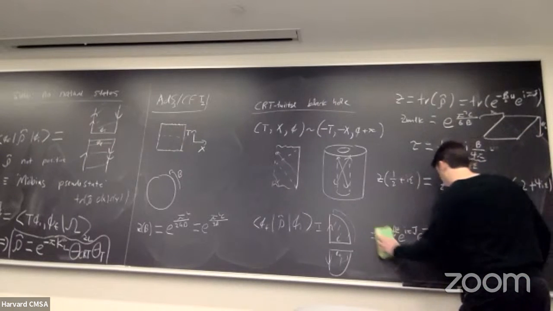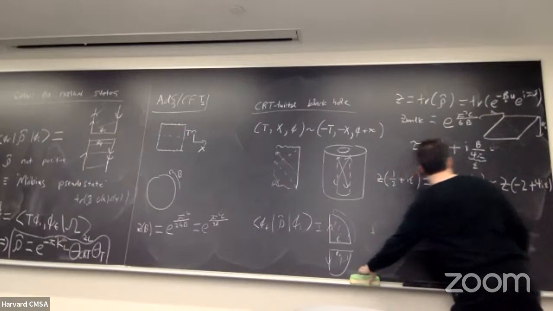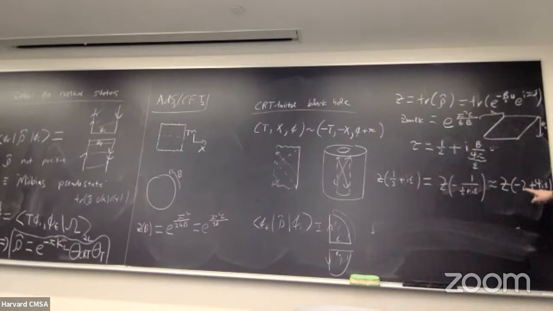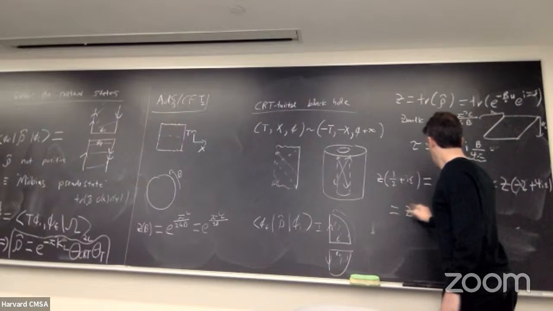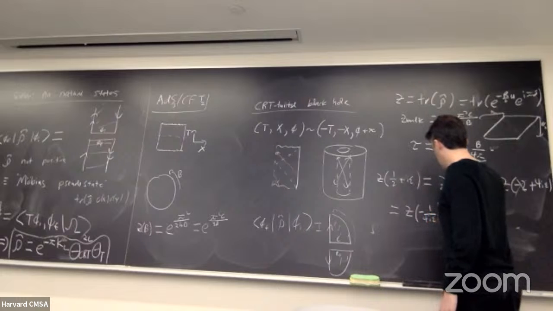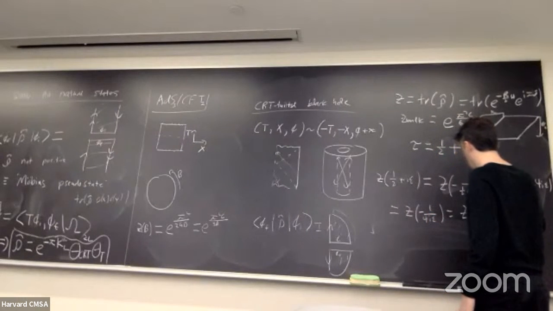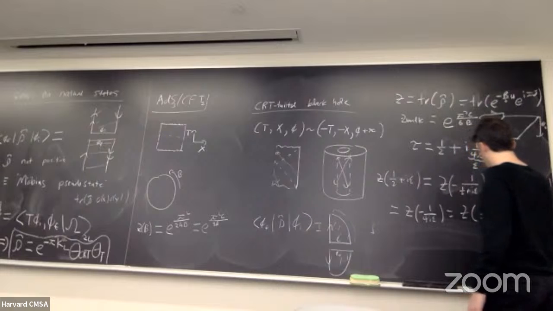Then I can do a T transformation to get rid of the -2. And then finally I can do S again, so this is z of -1 over 4 i epsilon, or just z of i over 4 epsilon.